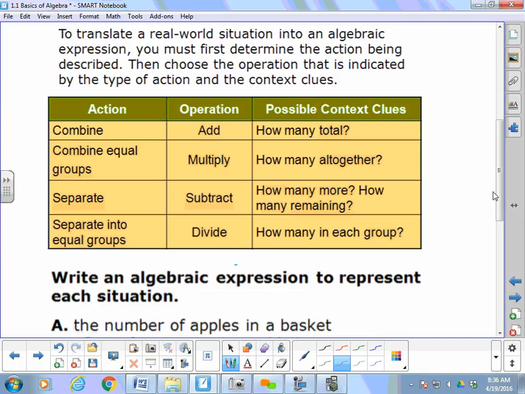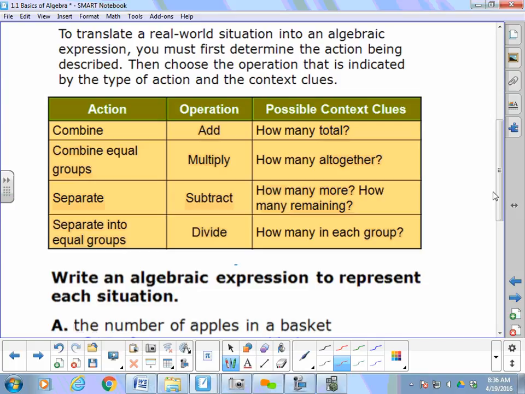All right. If we want to separate things or subtract them, how many more are there? How many remaining? Or what's the difference, right? Okay. Separating the equal groups, we're going to divide. So how many are there in each group? What's the division word? Quotient. Okay, find the quotient.